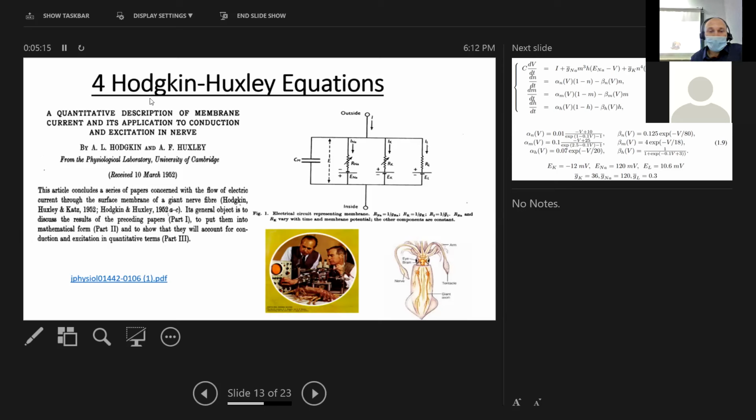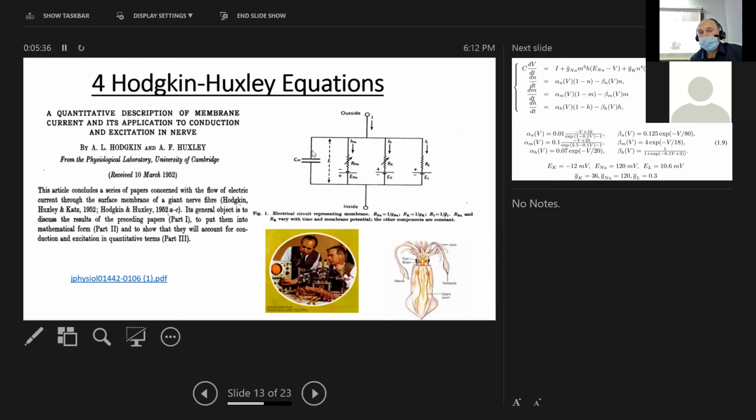All right. And so they were working on the cell of this animal, and the basic idea of their work is to say that the cell membrane acts like an electric circuit.